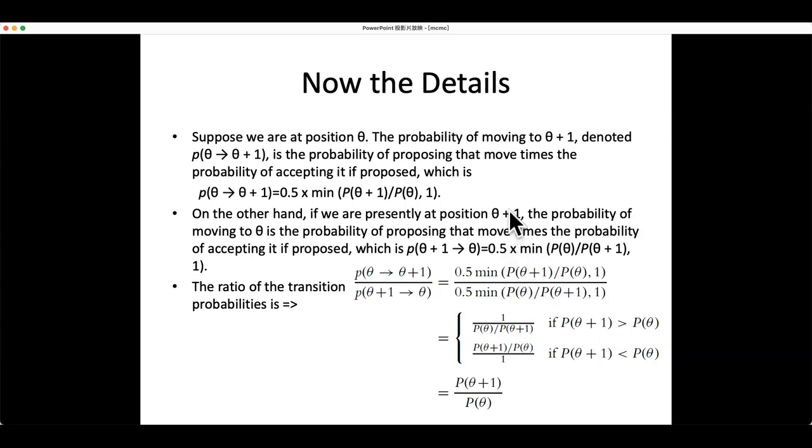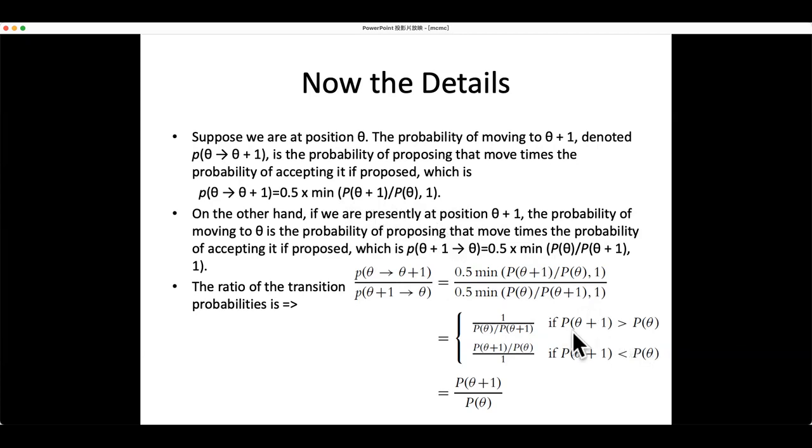You calculate the ratio, and of course one population must be larger than the other: either P of theta is larger than P of theta plus 1, or P of theta is smaller than P of theta plus 1.